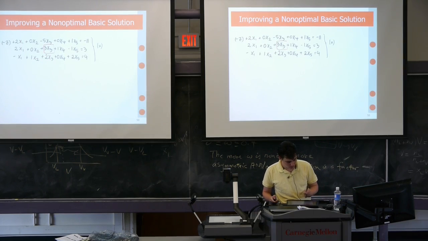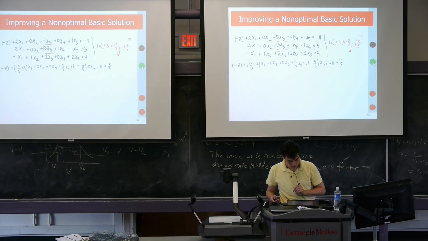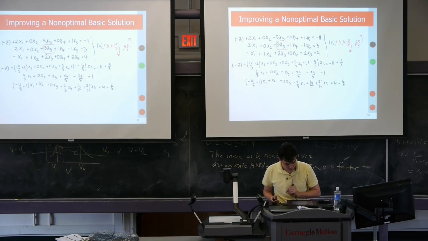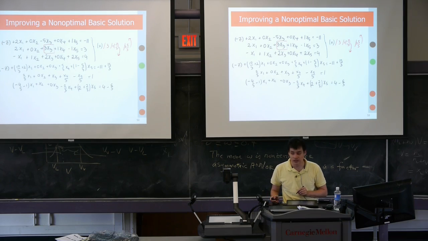If we pivot here, it means that we divide this equation by 3 and set these values to 0. Then this would be the system. I just skip these parts, but you believe me in this, right?